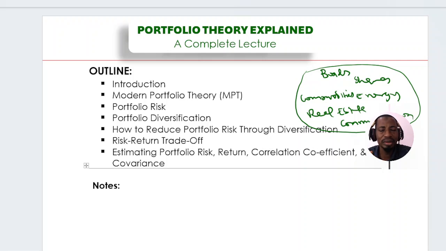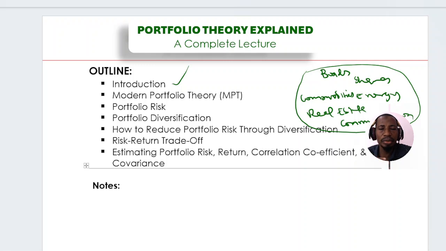Let's talk about modern portfolio theory. The modern portfolio theory is a theory that is based on how a risk-averse investor can construct a portfolio to maximize expected return at a given level of risk.